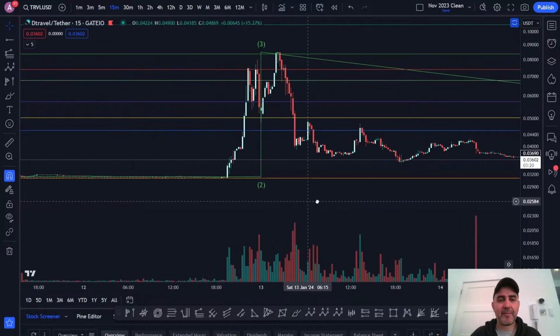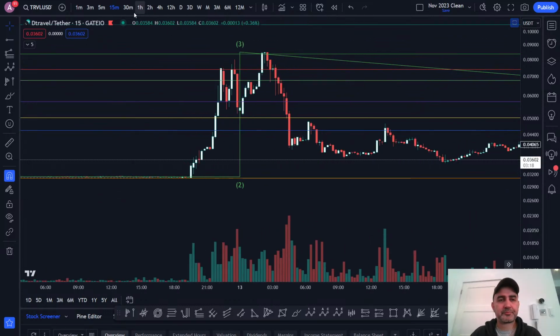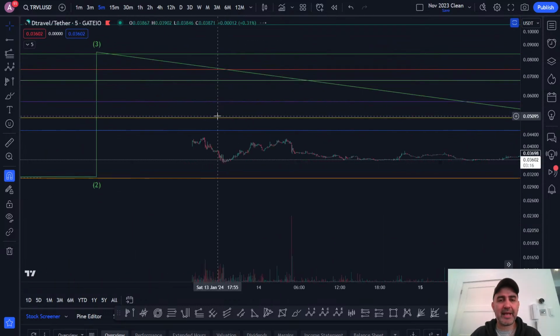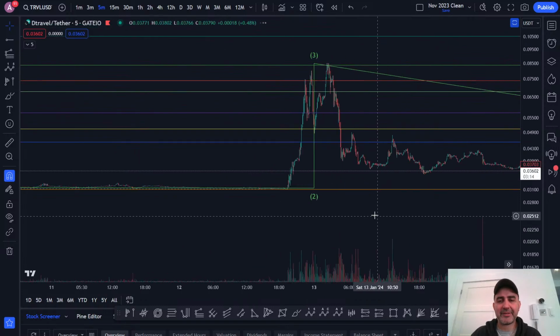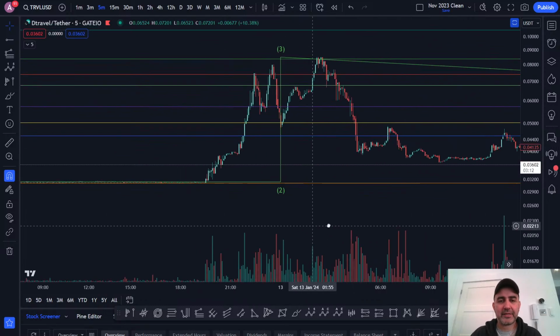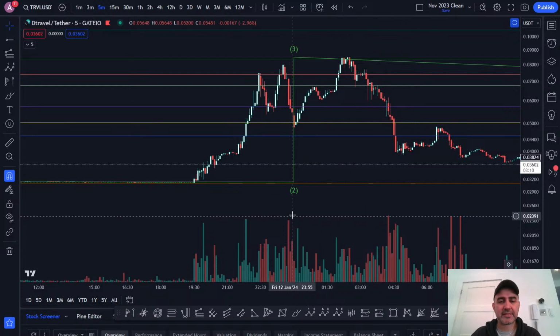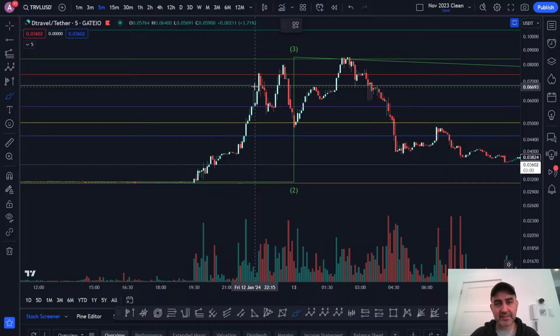Can't really see it. I don't like looking at 5-minute charts, but when you look at the 5-minute chart, that is very impulsive. And so technically what you're looking for in an impulsive move are 5 waves. Do we get that?